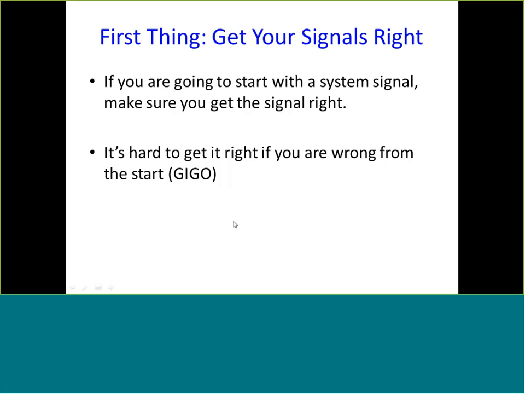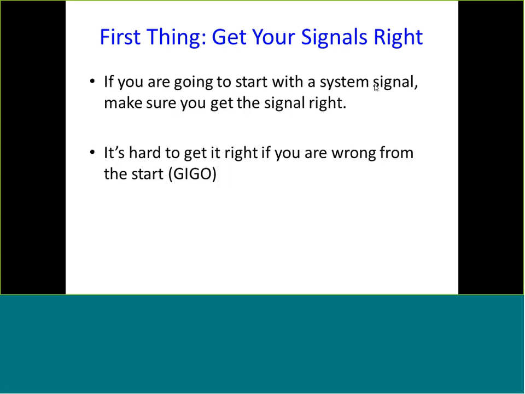Now the first thing, and this came up just yesterday on Twitter, and Twitter is where I have my live trading group. If you are going to start with a system signal, you want to make sure that you get the signal right. Yesterday, he said, okay, I think you should do this trade based on this system. And it turned out there wasn't really a system signal there. So it's hard to get the whole trade right if you don't get the start of your trade, your signal, correct.